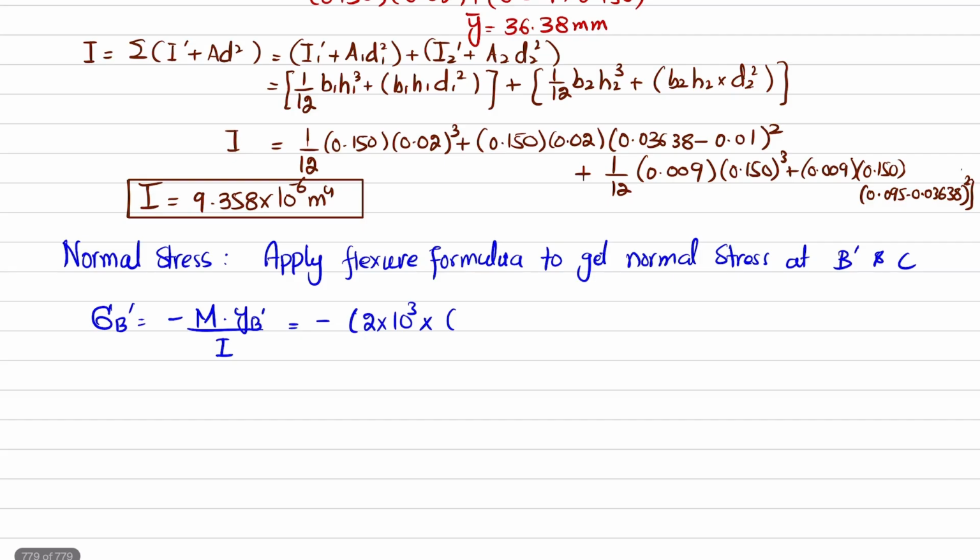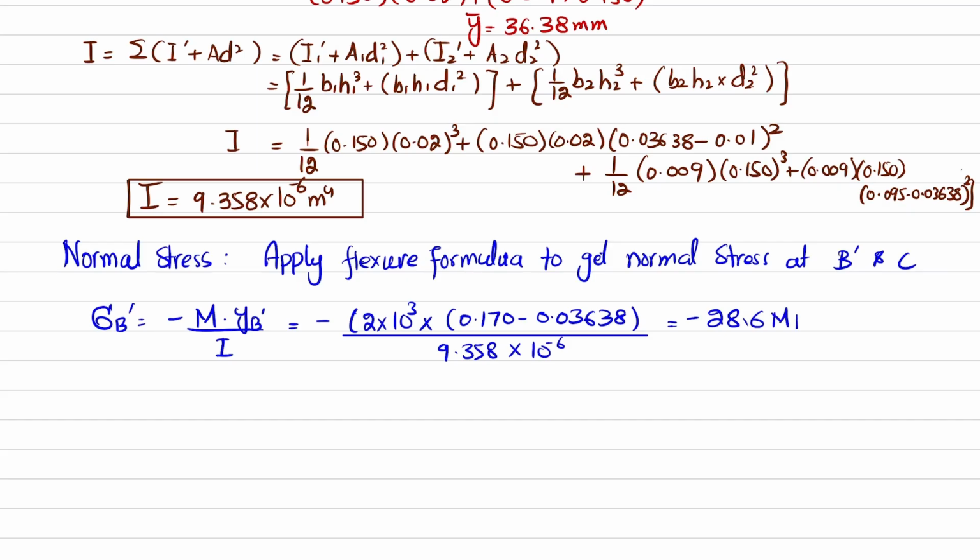I will write it as given in the book: 0.170 minus 0.03638, divided by I, and I is 9.358 into 10 to the power minus 6. When you solve this, you will get 28.6 megapascal, and that will be negative. So sigma B dash is 28.6 megapascal, and at point B it is in compression.